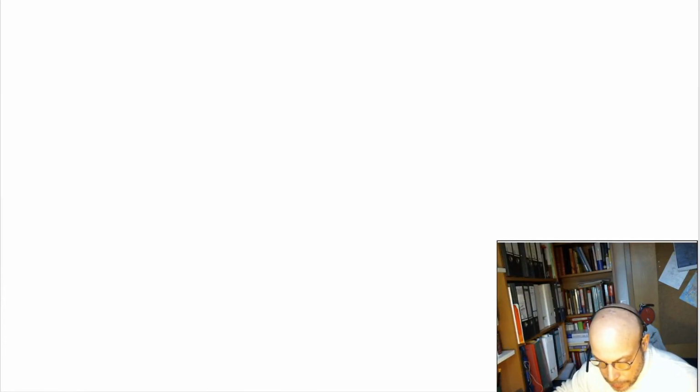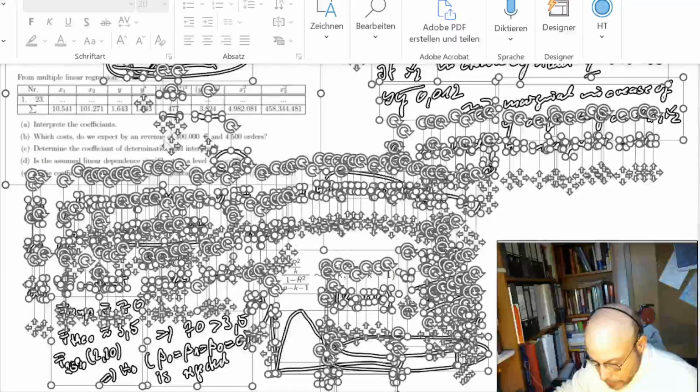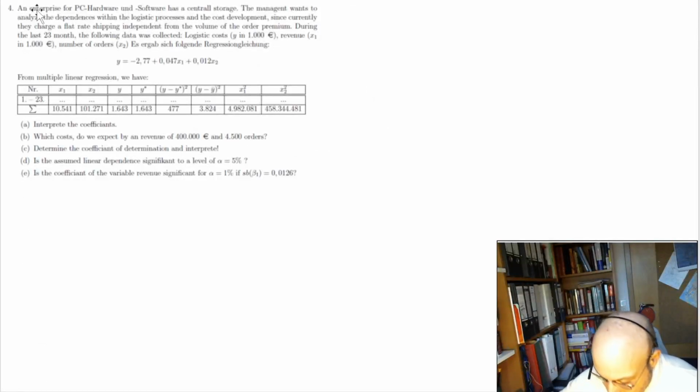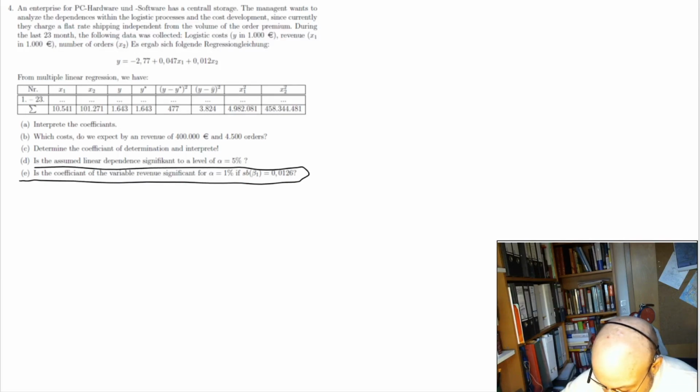And the last exercise is our t-value for a level of 1%.